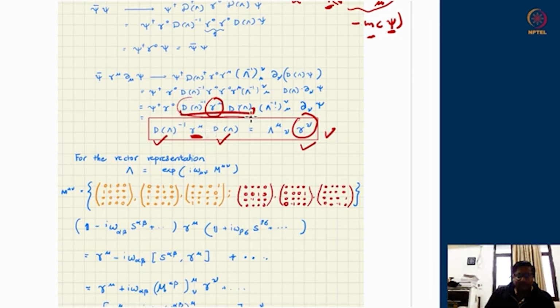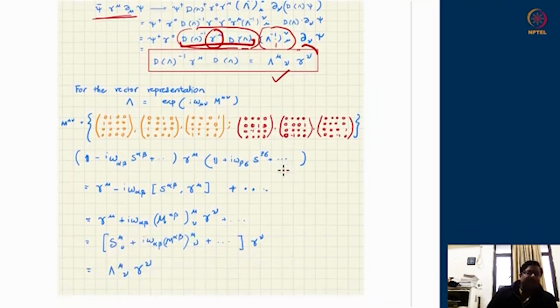Inside, this transforms as a gamma mu nu, and outside there is a Lambda inverse. This Lambda inverse and this Lambda cancel each other, and the object will become invariant under Lorentz transformation. So that is the goal we were looking to set. The essential criterion for that was that gamma mu transforms almost like a normal vector.